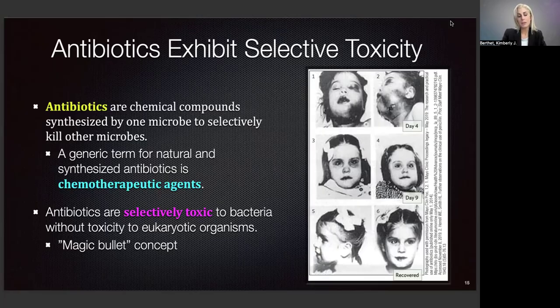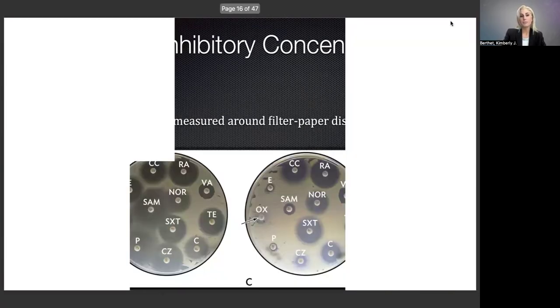If you look back at family trees hundreds of years ago, you would see typically children that were born and lost their life mostly to bacterial infection. So we've really increased our population by being able to control bacterial infections with these antibiotics and chemotherapeutic agents.